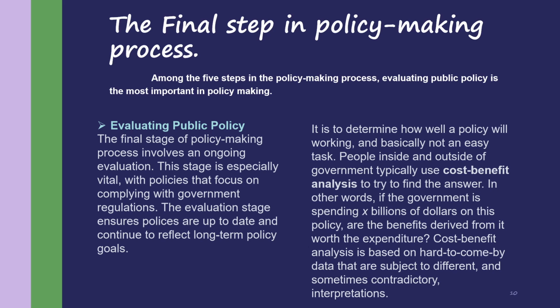It determines how well a policy will work or is working, and it's not an easy task. People inside and outside of government typically use cost-benefit analysis to try to find the answer. There's still an act of spending on whether these policies worked or not. That's why the final step in the policymaking process is always evaluating the public policy.